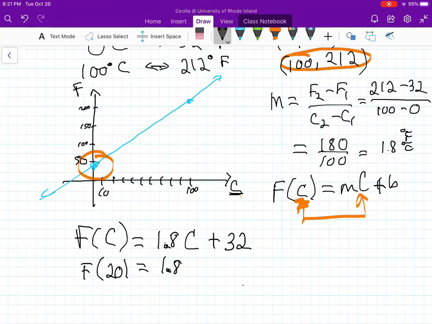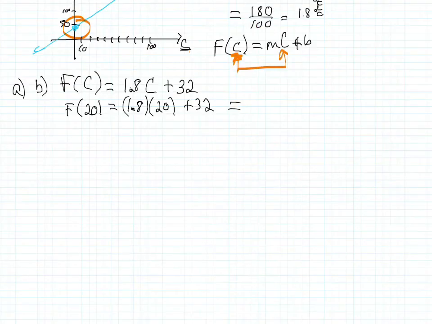So we're just going to put in 1.8 times 20 plus 32, and we will get the temperature in Fahrenheit that corresponds with a temperature of 20 degrees Celsius. Okay, so once we put this in our calculator, we get that this is 36 plus 32, and that's equal to 88 degrees Fahrenheit.